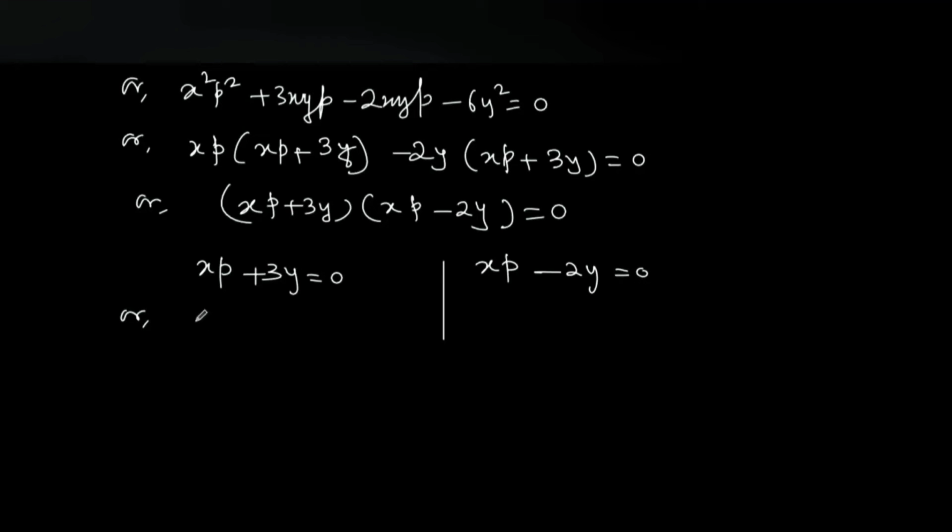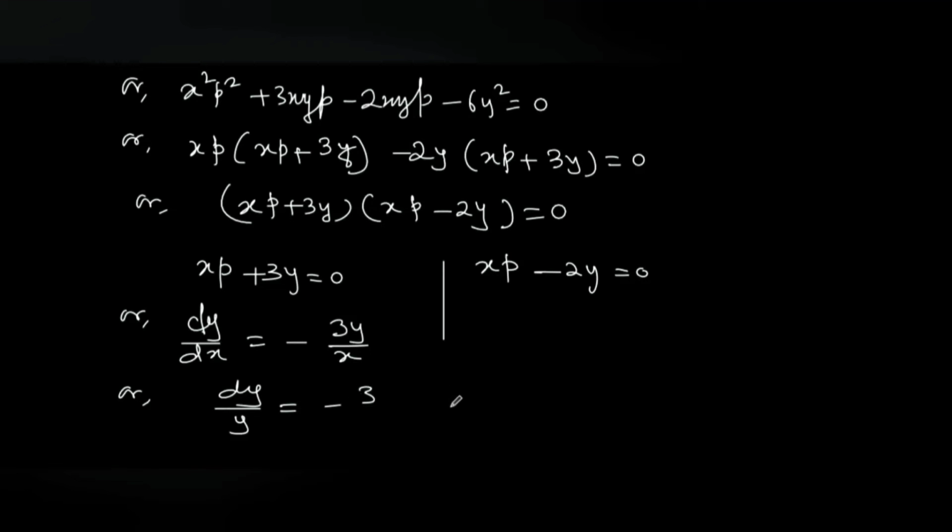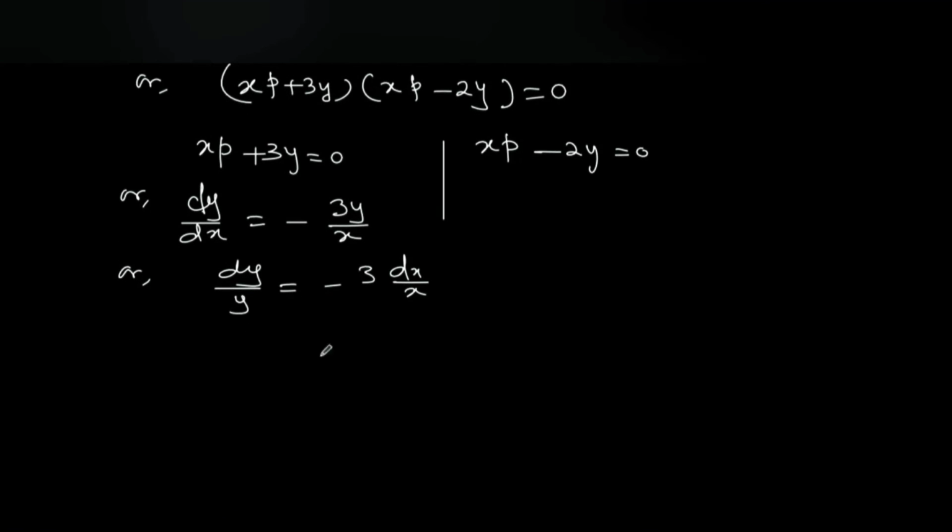For the first one we'll get p, that is dy/dx equals negative 3y by x, or dy upon y equals negative 3 dx upon x, or 3 dx upon x plus dy upon y equals 0.